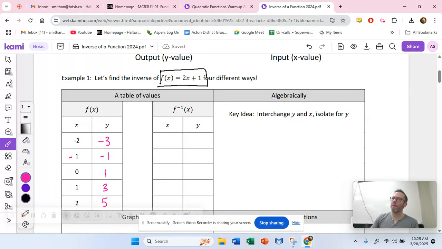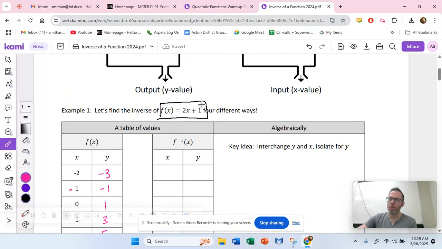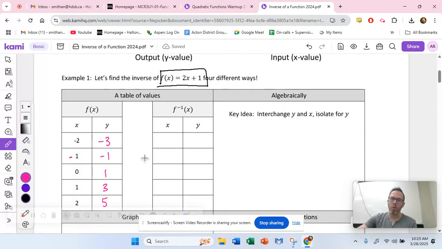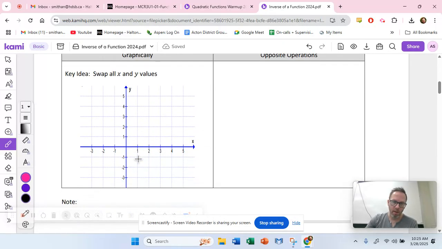Can we actually graph this at the same time to see what we're working with? You have those 5 points there, but you can also just graph these lines from your grade 9 course. The points are (-2, -3), (-1, -1), (0, 1), (1, 3), and (2, 5).